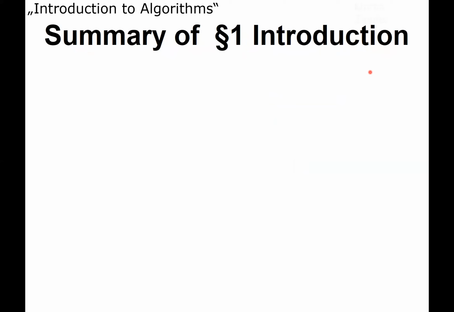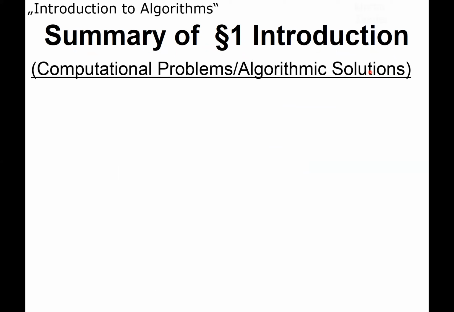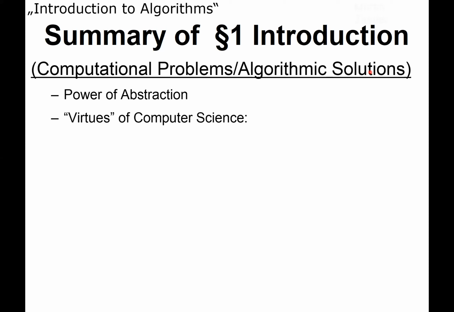And initially, we started with chapter 1, introduction, about computational problems and their algorithmic solutions, where we illustrated and emphasized the power of abstraction: your computer is based on quantum mechanical principles, but you don't need to know quantum mechanics in order to write programs. And that's several layers of abstraction from quantum mechanics via transistors, via integrated circuits, CPUs, and so on to a high-level programming language.